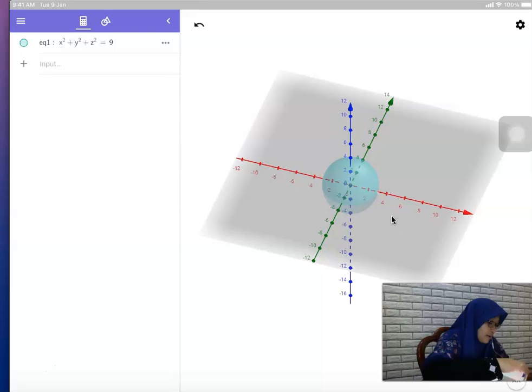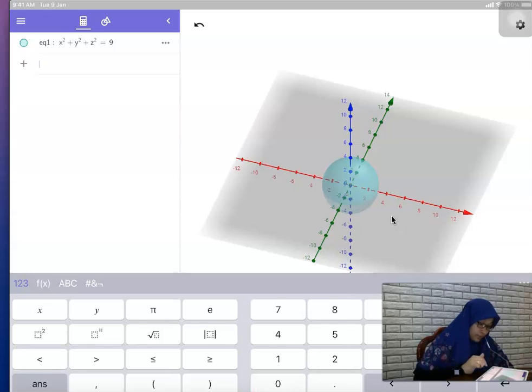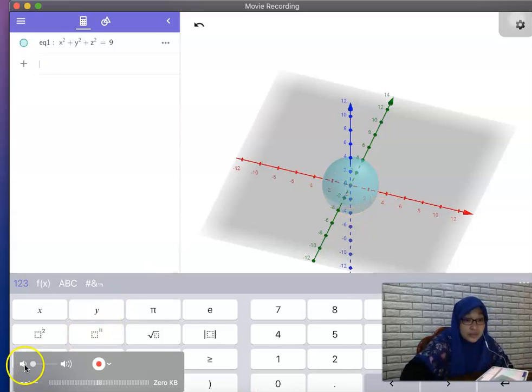Now let's say we have the second equation. We try to put the second equation.